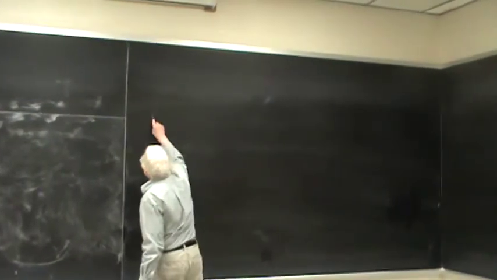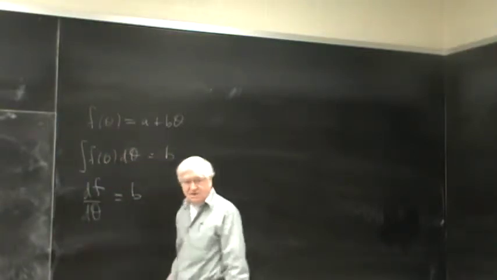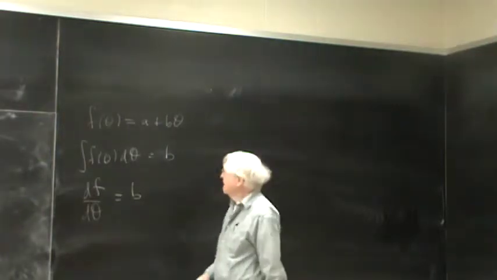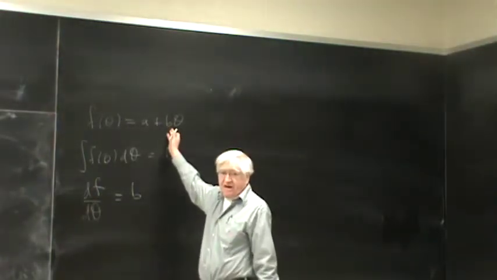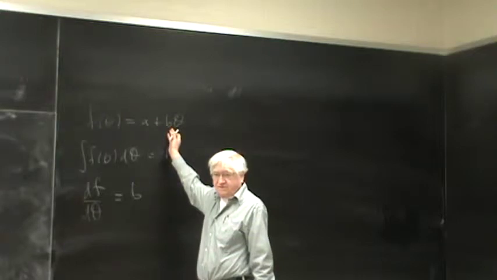Let's see if I can say that. Suppose f of theta is a plus b theta. Then the integral of f of theta d theta is equal to b. The derivative of f of theta is also equal to b. This is obvious if b is a complex number.